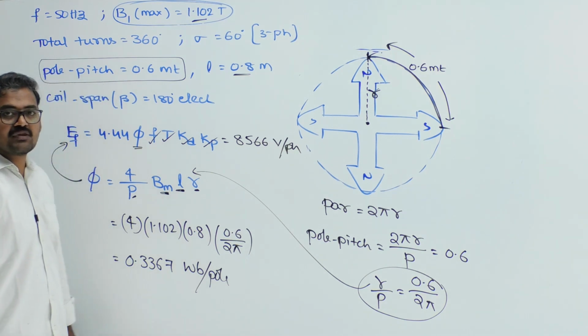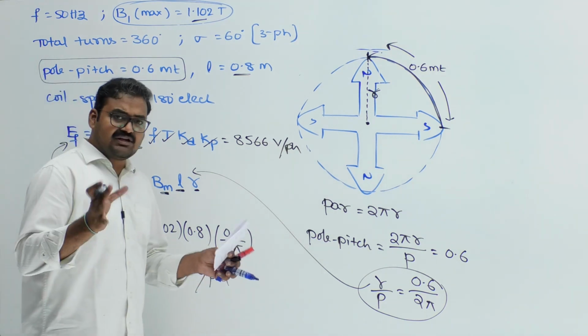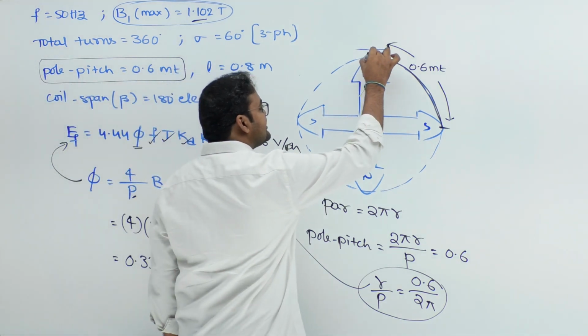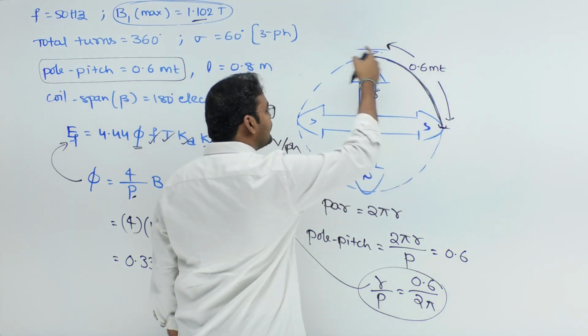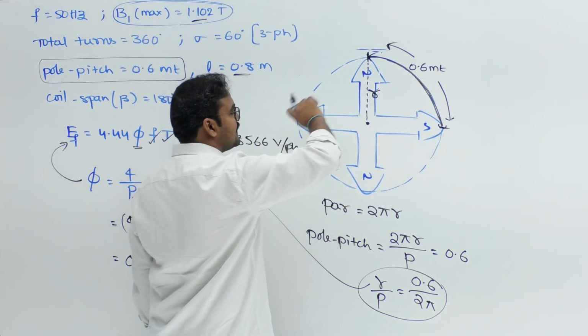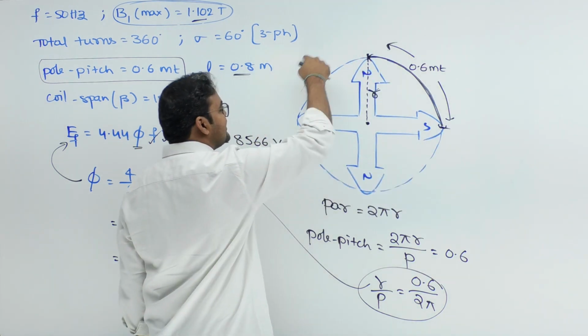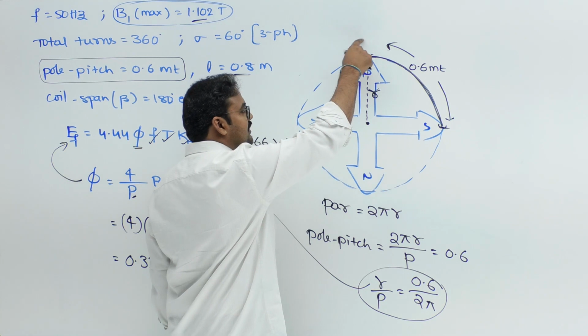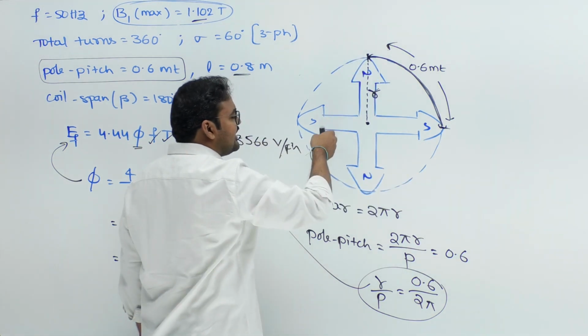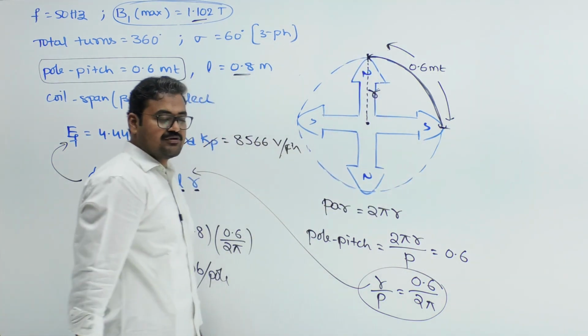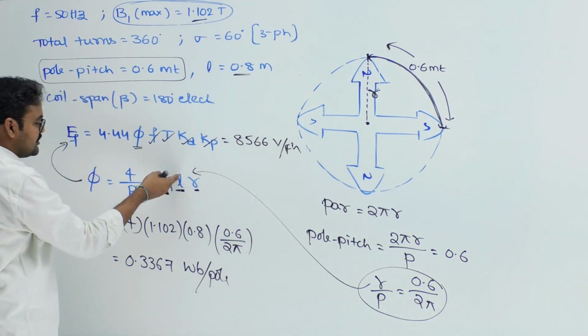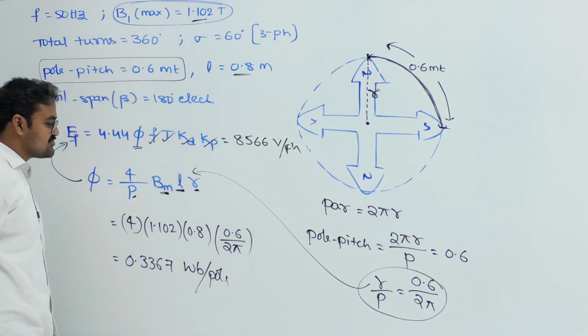That's all. So the simplest thing is when pole pitch length is already known, how to relate it for a p-pole machine. Whatever may be the machine, the total circumference of the circle is equal to 2 pi r. 2 pi r divided by number of poles will give you pole pitch. That's all. And from the pole pitch, I substituted the data here and I got the flux per pole.